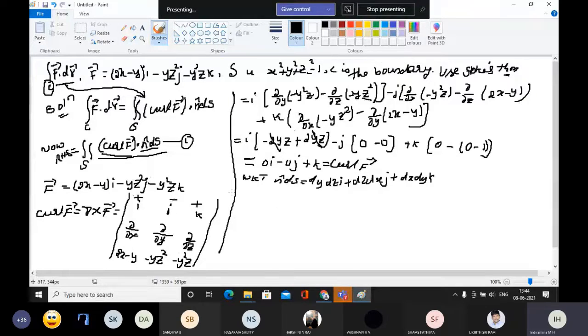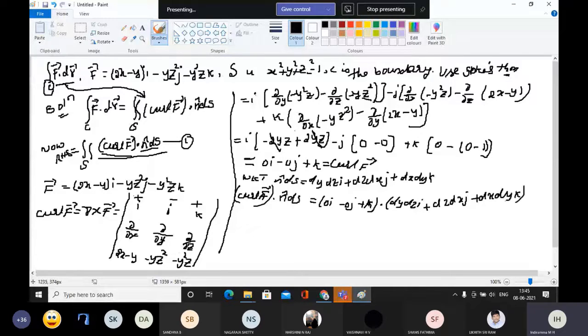Consider curl f dot n cap ds. Curl f is 0i minus 0j plus 1k. Correct? So n cap ds is dy dz i cap plus dz dx j cap plus dx dy k cap.